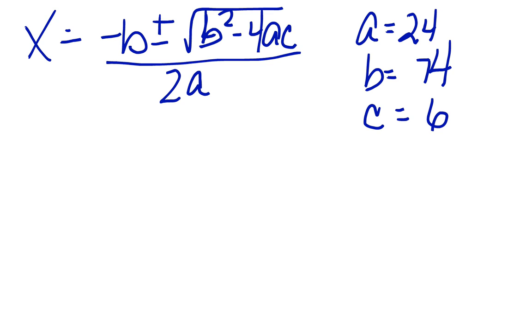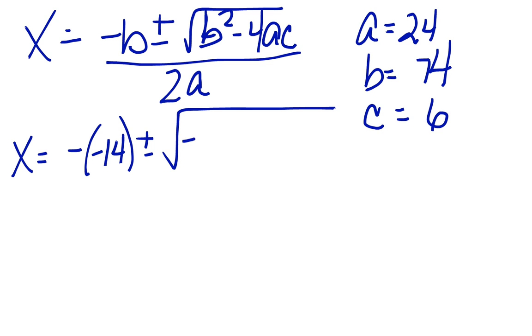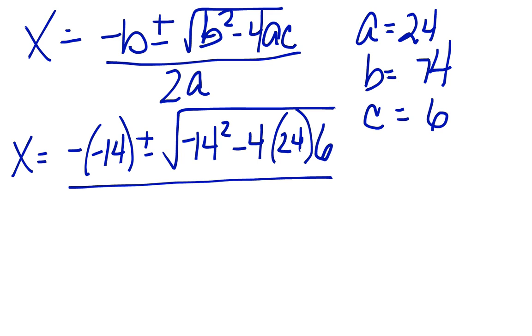All we have to do is put it into our formula. So x is going to be equal to negative negative 14 plus or minus the square root of negative 14 squared minus 4 times 24 times negative 6, and all of that is over 2 times 24.